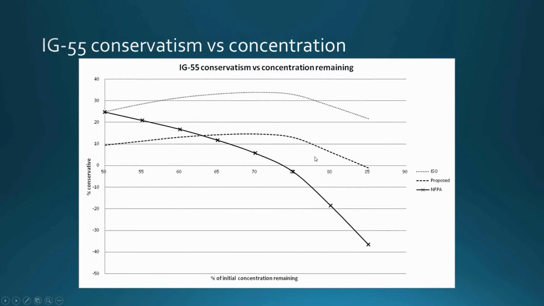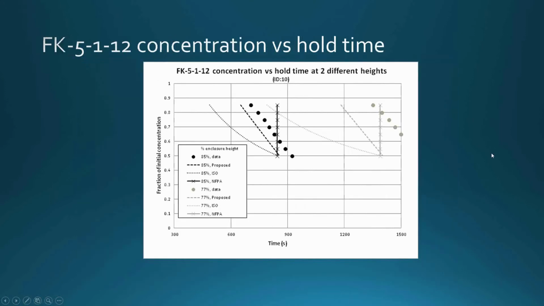This graph shows it in a different way, the degree of conservatism, I guess, with NFPA being not conservative at all, and the proposed hitting it right on the nose, and in this case the ISO current being quite conservative.